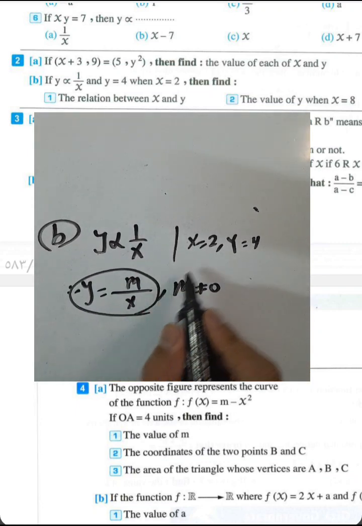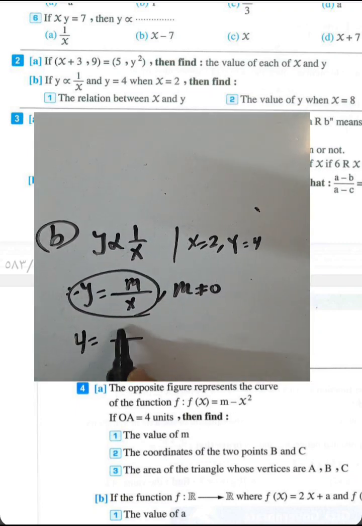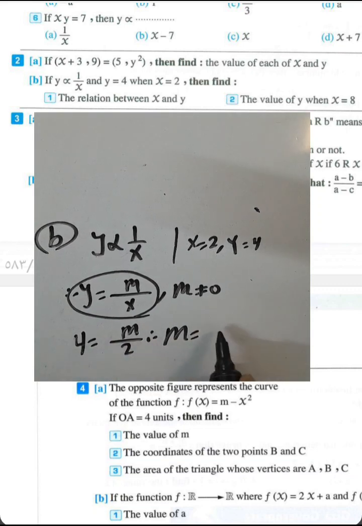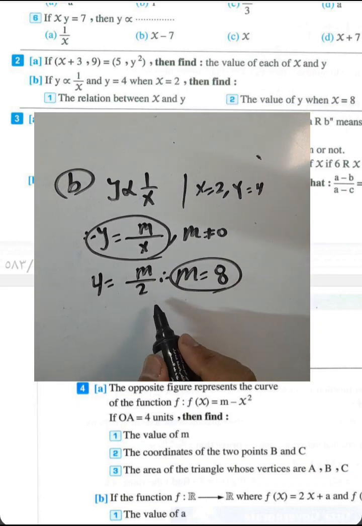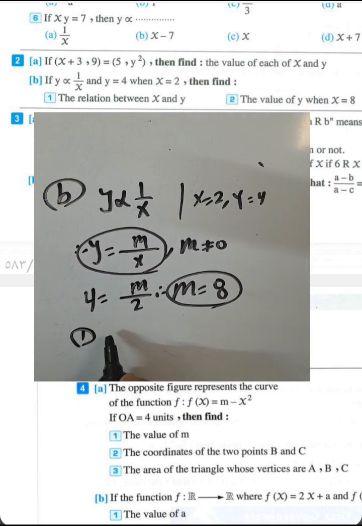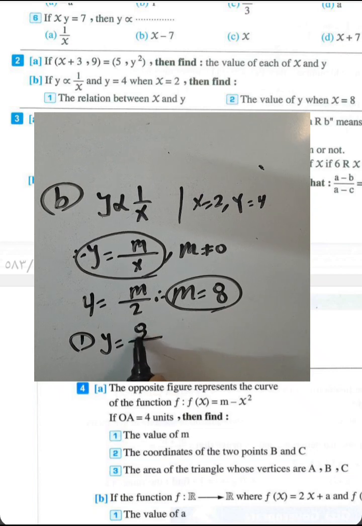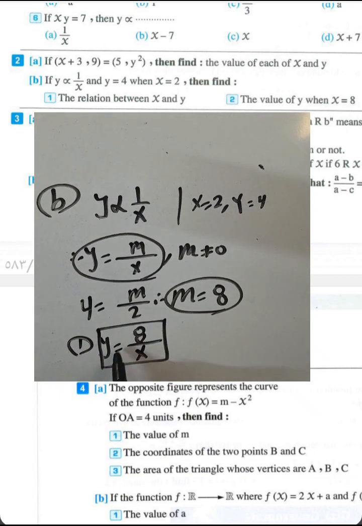In this relation, put y equal 4: 4 equals m over 2, then m equals 2 times 4, it will equal 8. Then the relation is y equals 8 over x. It's the relation between y and x, okay?